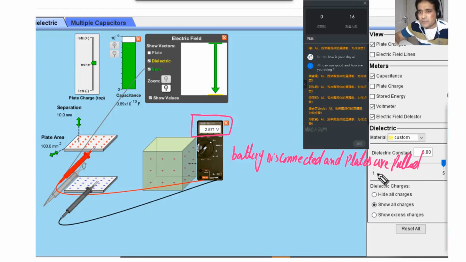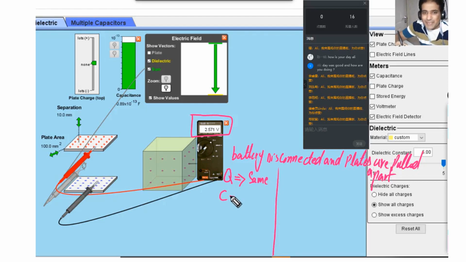Now in this case, we need to understand what stays the same. The first thing is that the charge will stay the same because the charge has nowhere to go. So I will write down Q stays the same.